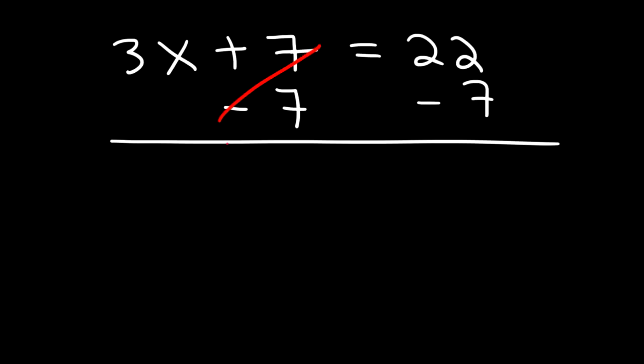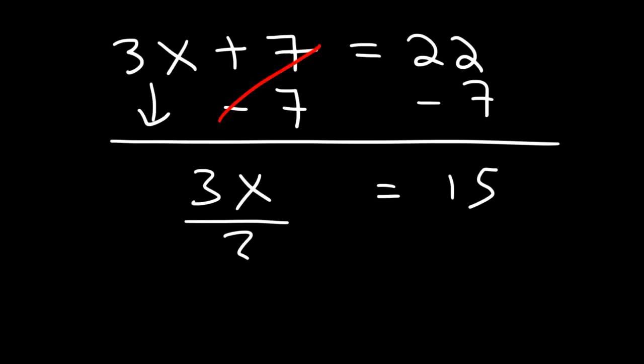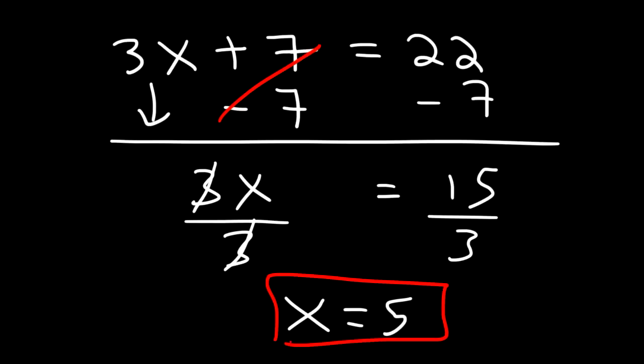So 22 minus 7 is 15. And this you could bring it down. Now the last step is to separate the 3 from the x by division. And so 15 divided by 3 is 5. And that's the answer. And of course, you can check your work by plugging 5 into the original equation.